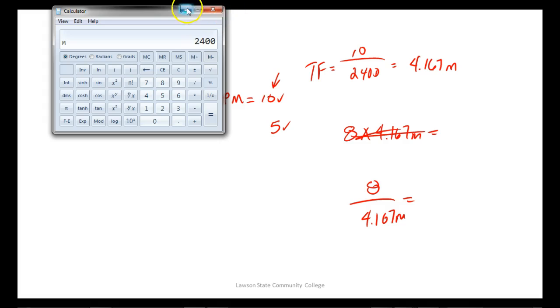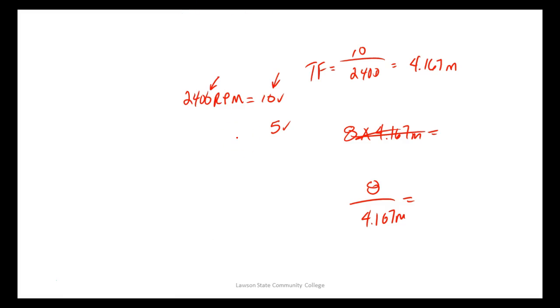Now, how do I know the speed of the motor? Right. A DC motor would say 2400 volts, and it would say this would be the speed, and that would be exactly what you would use. AC motor would give you its speed, but it's going to be under a certain load.